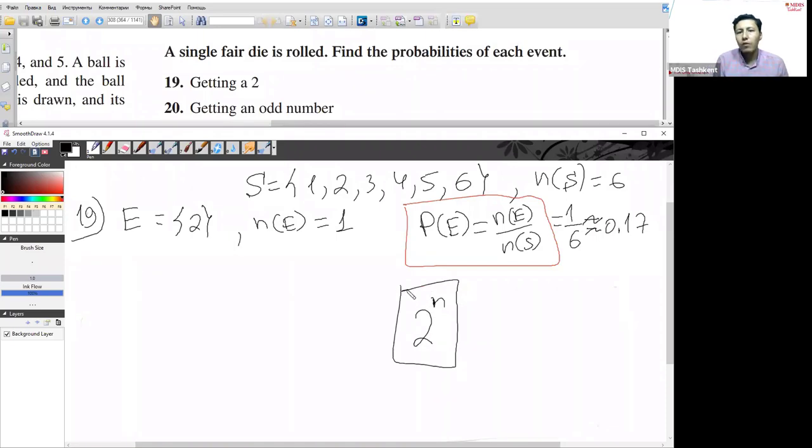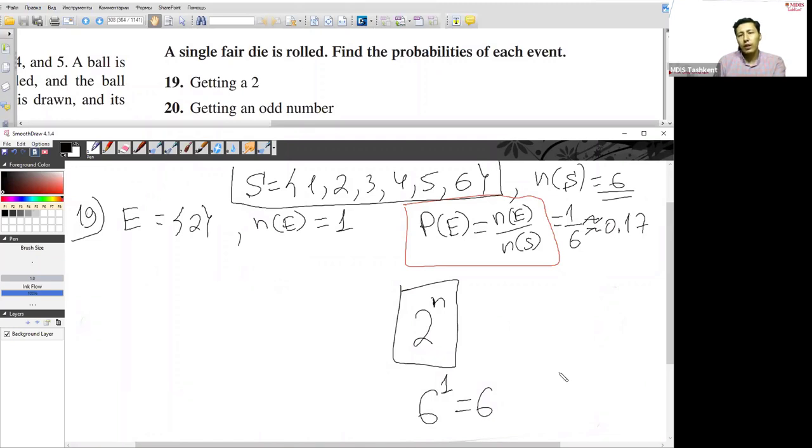That is the number of subsets. Okay, it's like a number of possibilities. Here, for example, you are rolling a single fair die. For a die, how many faces do we have? We have 6 faces. So if you roll once, you get 6 possibilities. The nS is equal to 6.